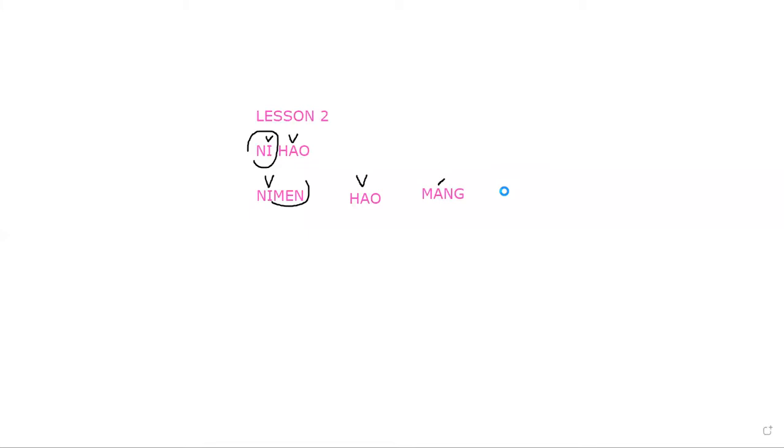Basically, ni is you. Is it clear to you? If I say mang ma, repeat after me. Ma is my question particle over here. Mang is busy. If I say it in English, are you busy? Mang ma. Basically, mang is busy.